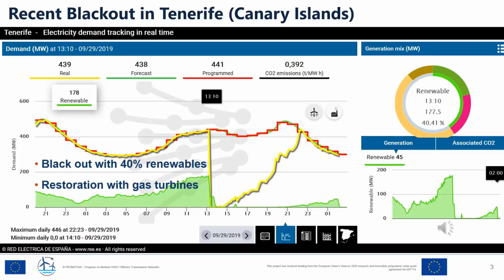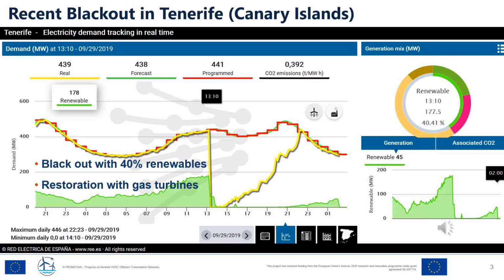This is an example of how renewable energy can actually contribute to system restoration after a blackout. Last year in Tenerife, we had a blackout when the system had 40% renewable energy.